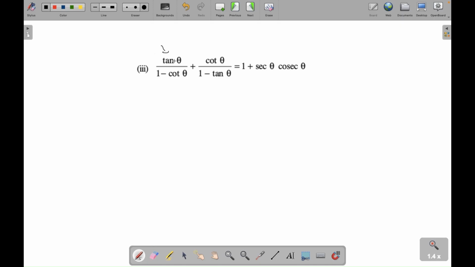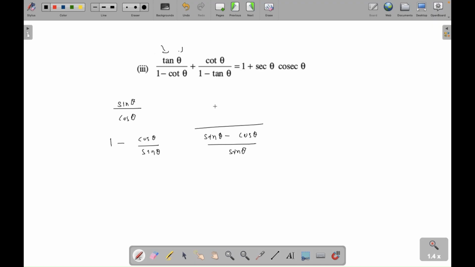Okay. So first, let us solve this part. Tan theta, we will write as sin theta upon cos theta. The denominator will have 1 minus cos theta upon sin theta. So the denominator becomes sin theta minus cos theta upon sin theta.